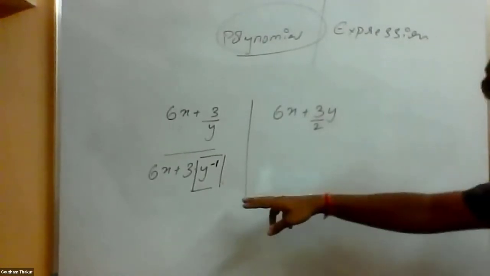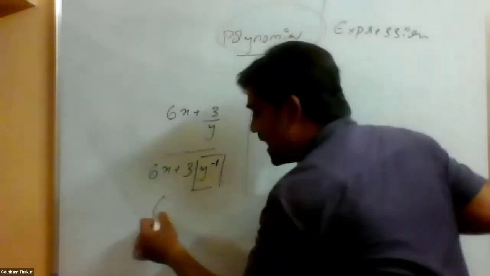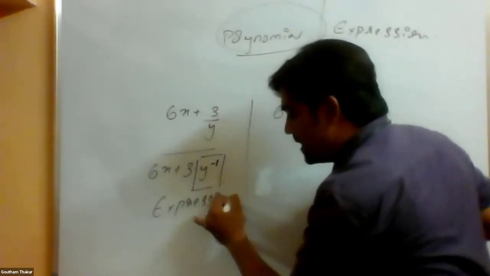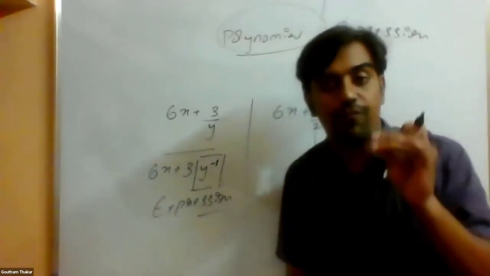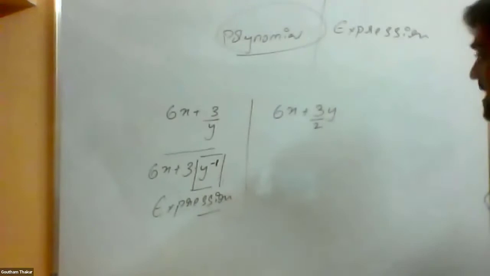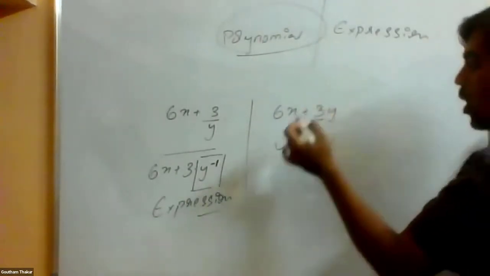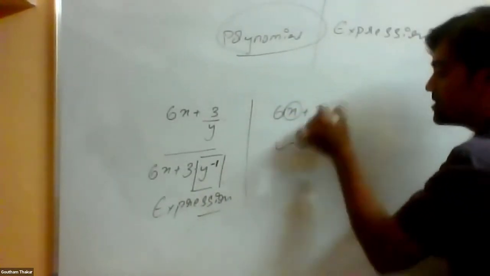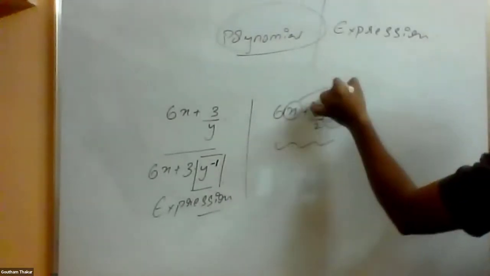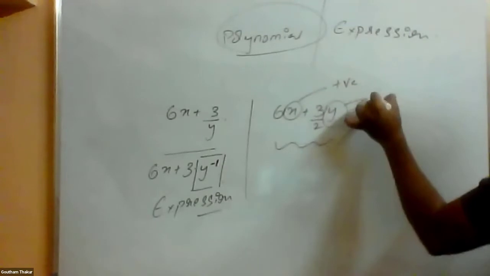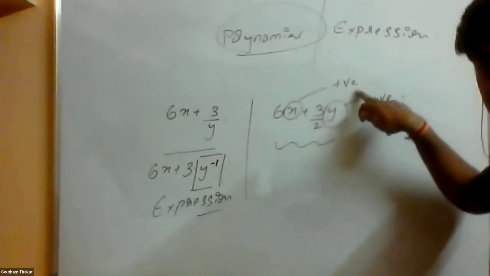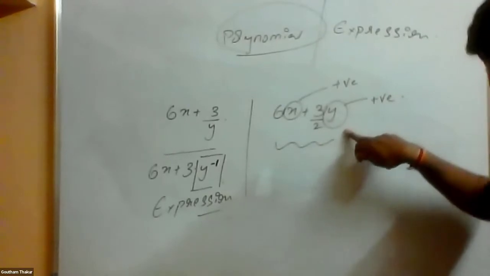The power itself is negative, which gives me an expression only. The main definition of a polynomial is, in a polynomial, the variable's powers should always be non-negative. What is the power of x? 1 plus 1. What is the power of y? 1 plus 1.